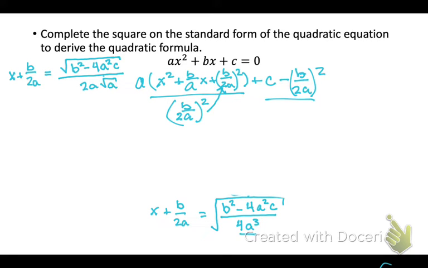Is that how I'd simplify that denominator? Because the square root of 4 is what? 2. And then the square root of a cubed is a square root of a.